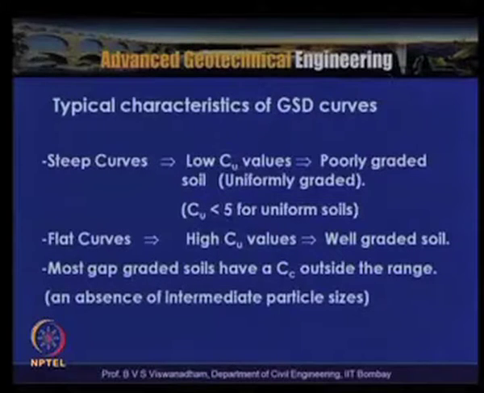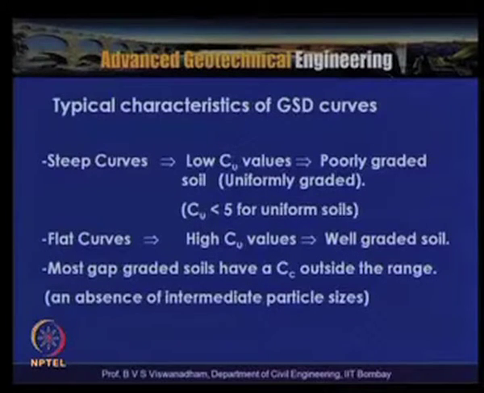So, the higher the value of Cu, the larger the range of particle sizes in the soil. Typical characteristics of grain size distribution curves, as we discussed: steep curves are possible with low Cu values, and they are poorly graded in nature, also referred to as uniformly graded.